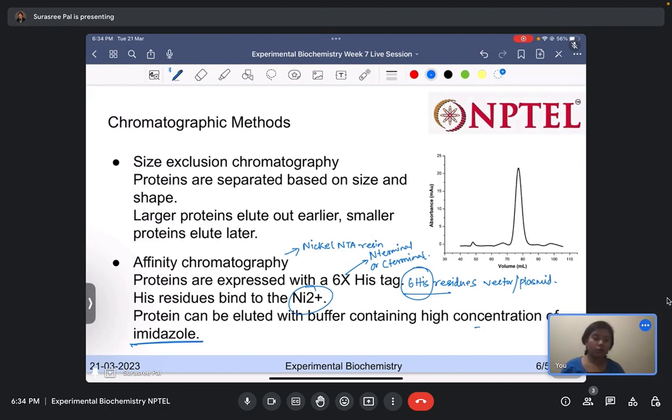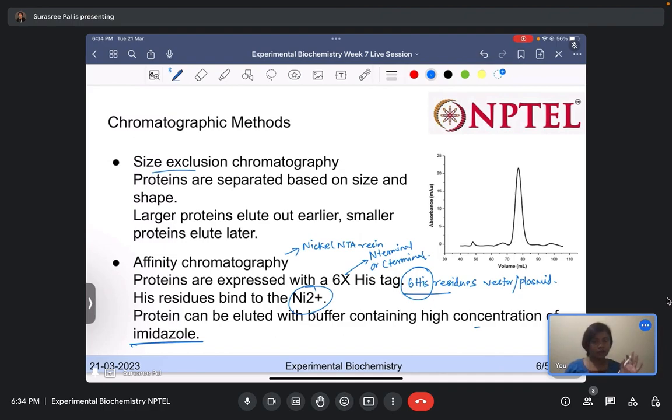So often it is done that affinity chromatography is followed by size exclusion chromatography. So in affinity chromatography, the principle is that the protein molecules which have this affinity tag, the 6 histidine residues tag, will bind to the matrix and the other proteins will be eluted out. And after that, by using higher concentration of imidazole, we can elute out our protein of interest.